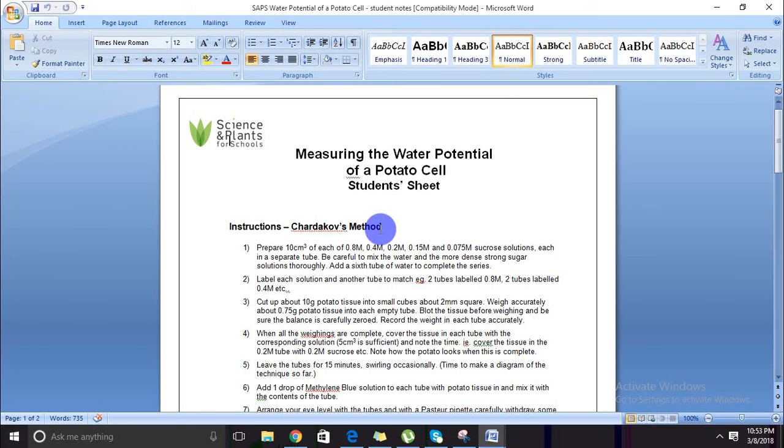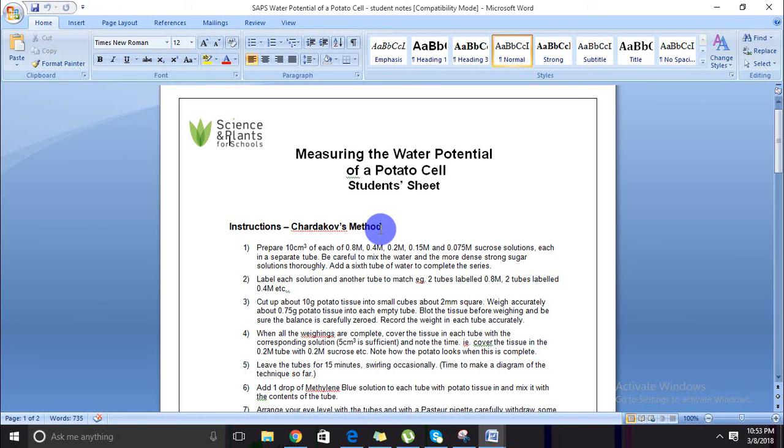Label each solution and another tube to match. Example, 2 tubes labeled 0.8 molar and 2 labeled 0.4. Cut up about 10 gram potato tissue into small cubes about 2 millimeter square.